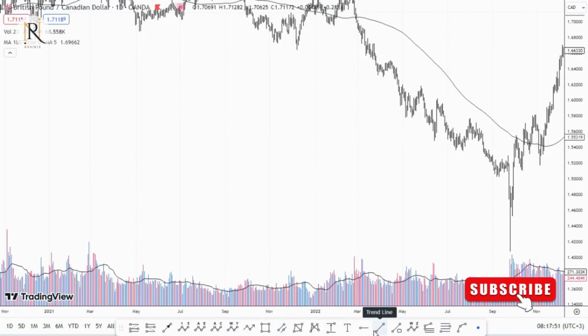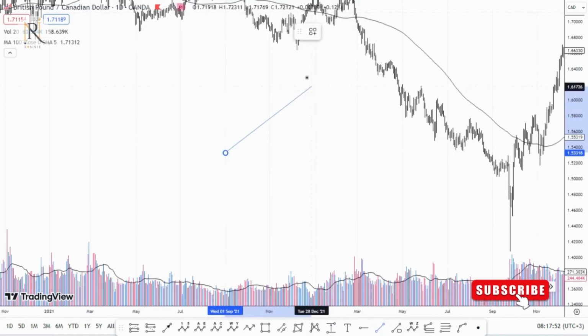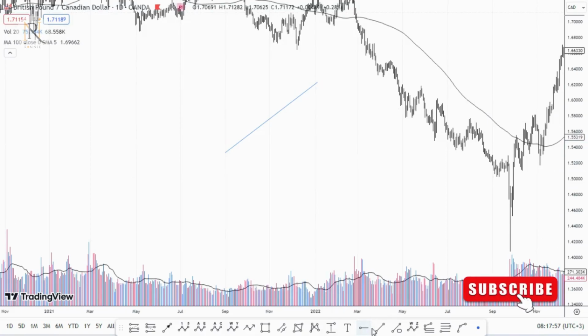So the first point that I wanted to talk about is how to trade the wedge. You know that we only have two types of wedges in Elliott Wave analysis. The first one is the 3-3-3-3-3 wedge, and then we have the 5-3-5-3-5 wedge.